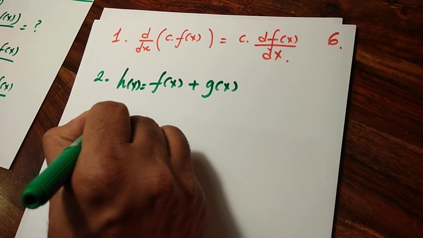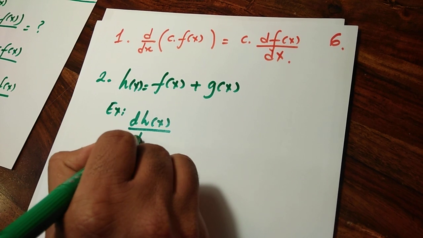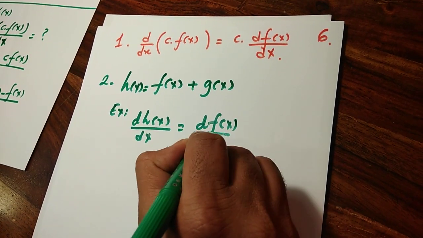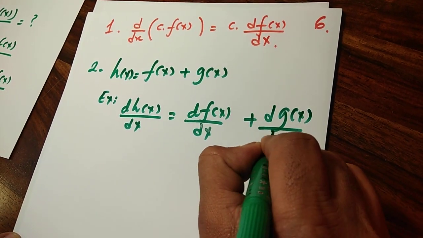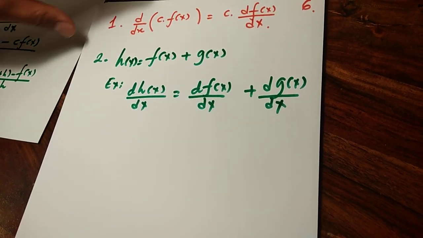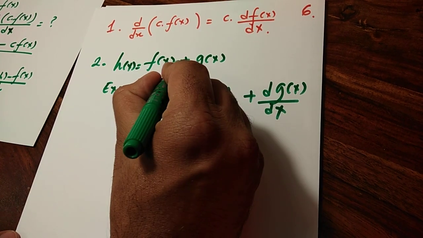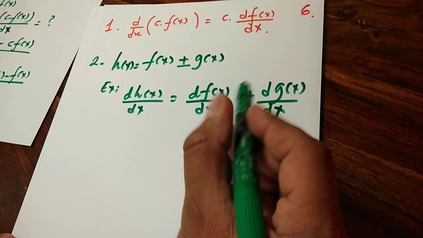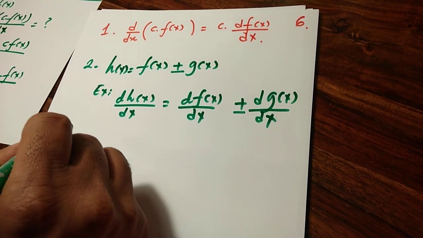Show that dh of x over dx would be this. I will show a proof of a slightly more complicated one. And also, if this were a minus sign, f minus g instead of f plus g, you would get this.